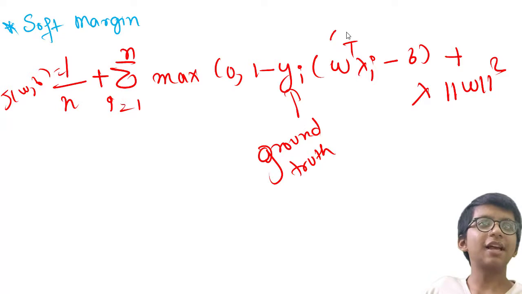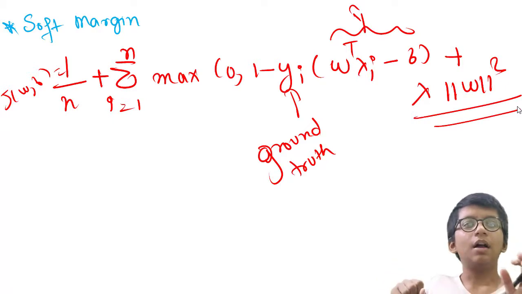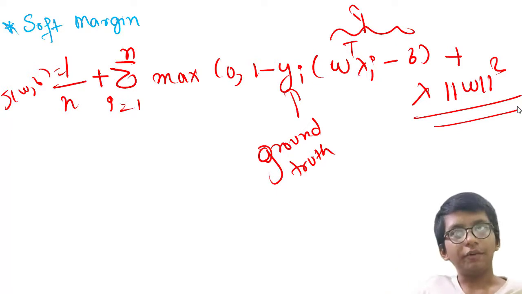and W transpose xi is the model predicted value, which I can write as y hat, and we are adding lambda times the norm of W squared. What is lambda over here?